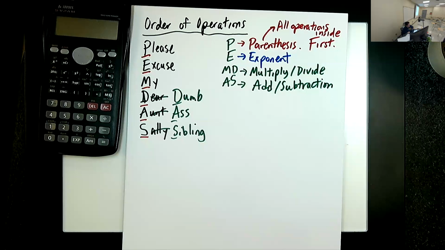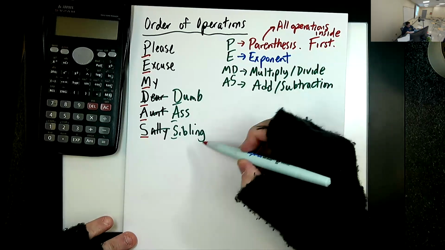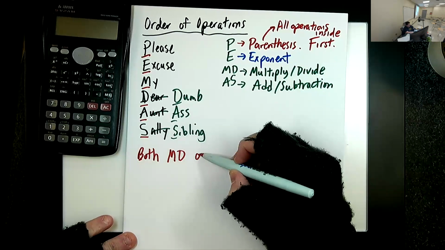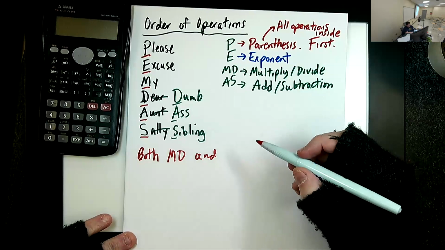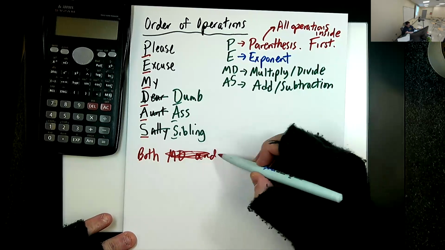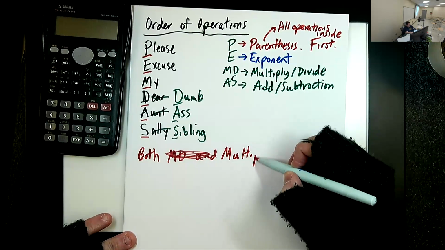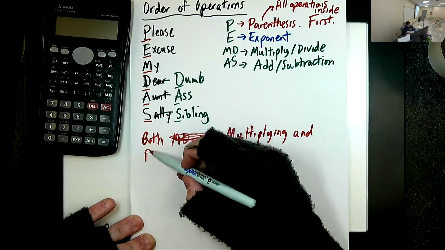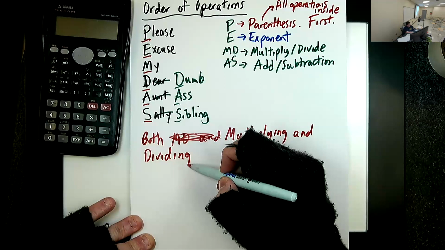Now we are supposed to do these in order, but both multiplication, division, and maybe I should spell out, both multiplying and dividing have the same priority.